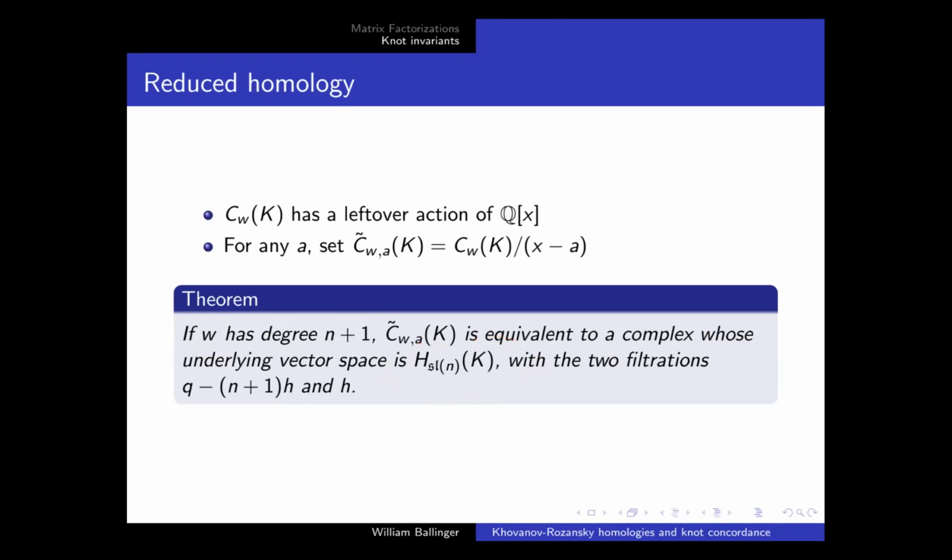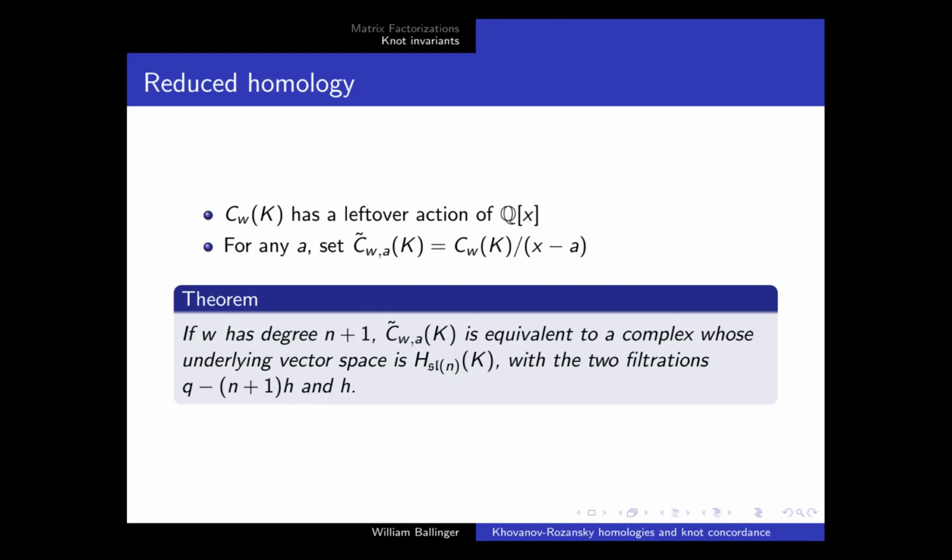I should say that I've written this as depending on the full potential and this number A, but there's actually quite a lot of freedom in those, and that leads to, if you see versions written down in other places, they're going to have different conventions, basically because of that quotient that we took. The constant and linear terms in W aren't going to matter at all, only the quadratic and higher terms.